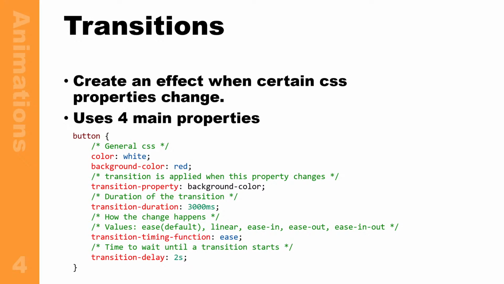Now you might say, well, there's no background color change here except the setting of red. There's nothing changing. Yes, but if you add another CSS selector in the file, as in button:hover, and you change the background color to blue, then this will trigger and it will say, background color is changing, so we will apply the transition. And what is a transition in this case?